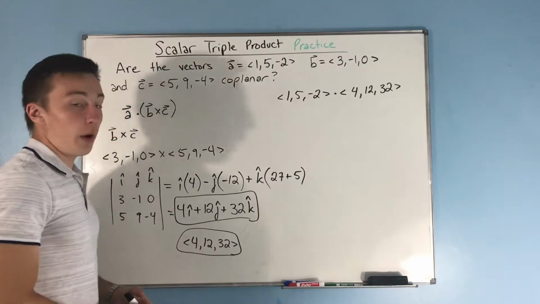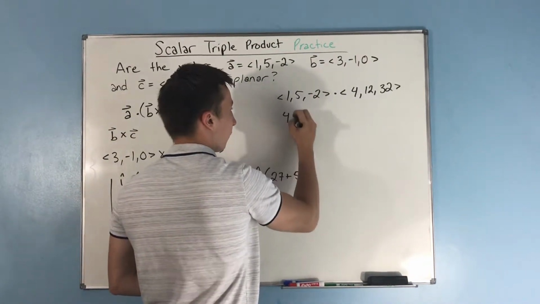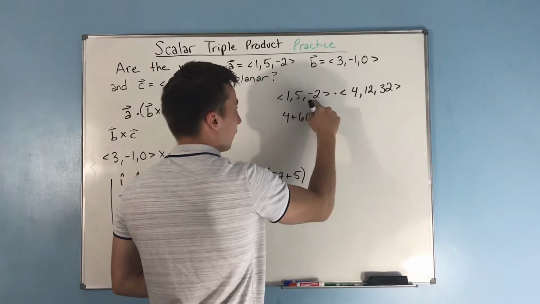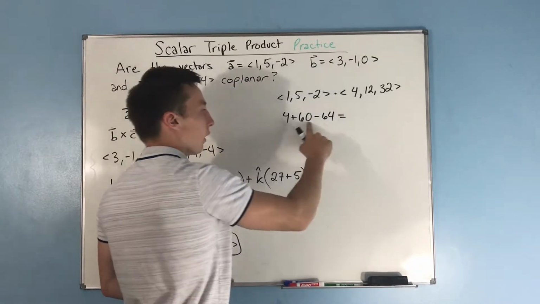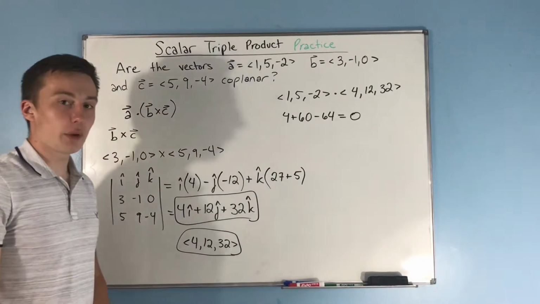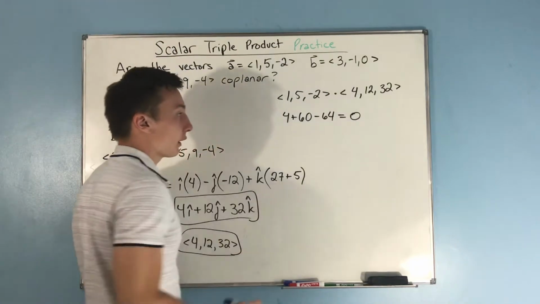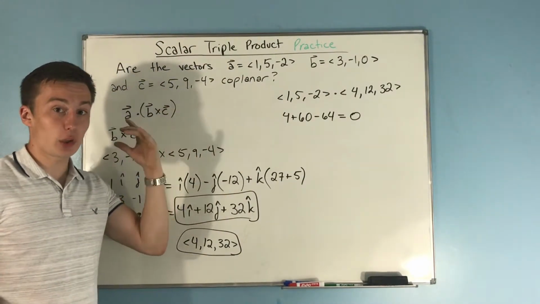We have 1 times 4 is 4, plus 5 times 12 is 60, and -2 times 32 is -64. When you add all those up, you get 0. If your scalar triple product is 0, that means these vectors are coplanar.